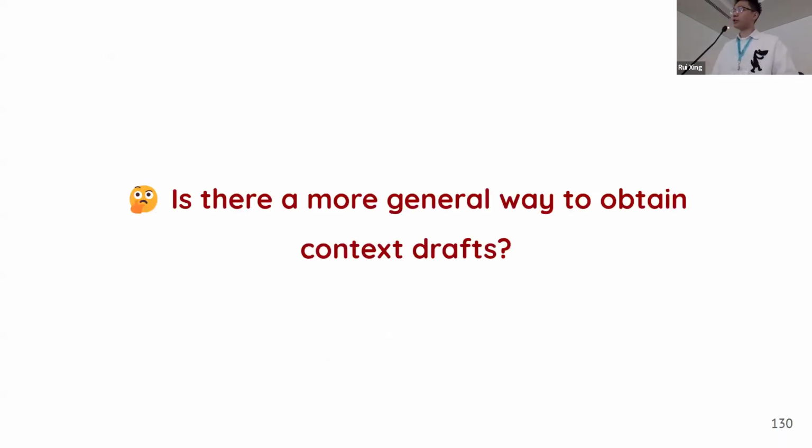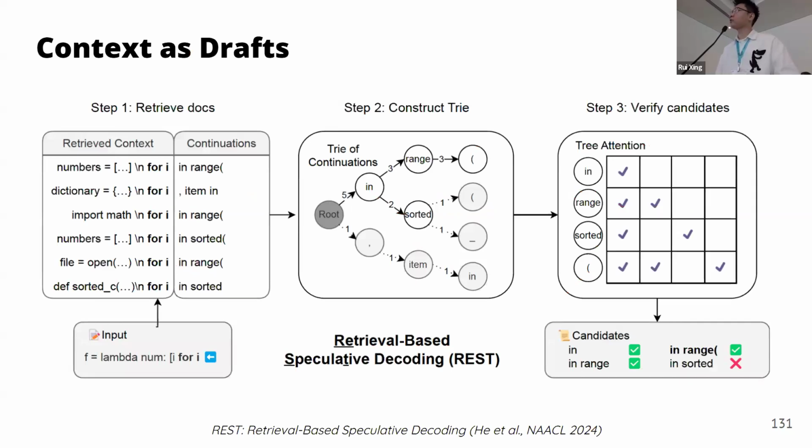So is there a more general way to obtain context drafts efficiently? As was introduced by my colleague Chen in part 2, we have REST, right? The retrieval-based speculative decoding. Well, PLD and the copy-based methods we just introduced copy the text spans from the input prompt. However, in most scenarios, we do not have an input prompt that is that long, right? So we should increase the corpus or the context that we could utilize.